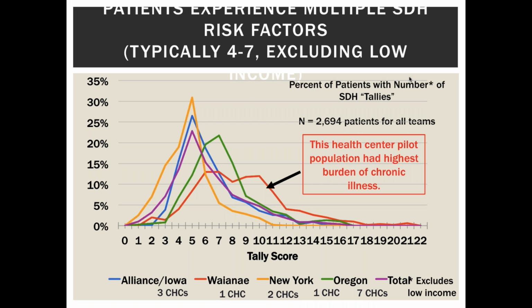Could you imagine having this kind of data when you're sitting at the table talking about payment reform, and talking about what it really takes to improve patient health outcomes and to address seven social determinants of health risks? This changes the conversation altogether, and it really helps the health center highlight the needs of their patients and how complex it can be to improve health outcomes for some of these patients with so many risks. So next slide, please.